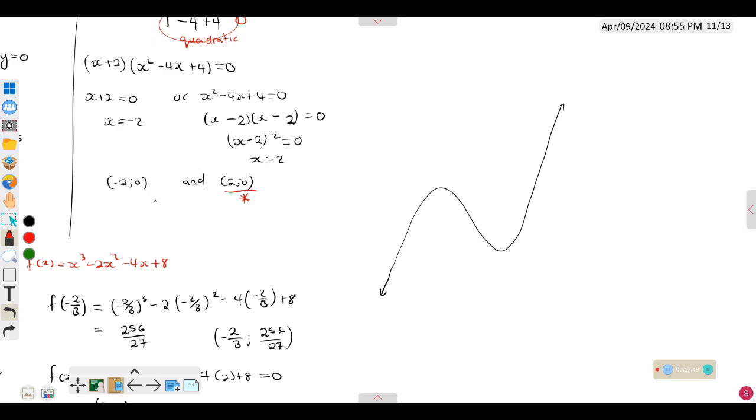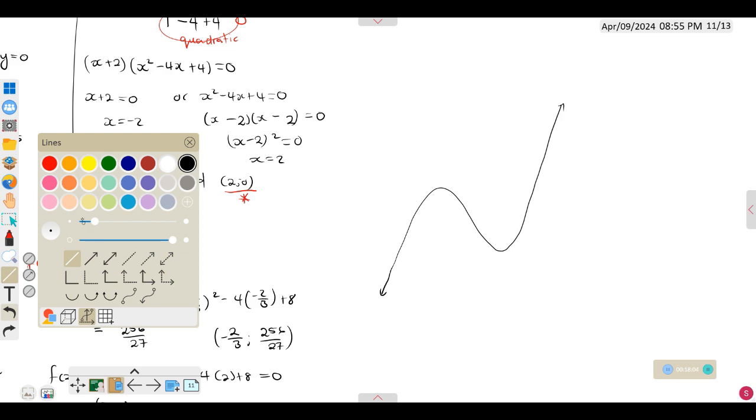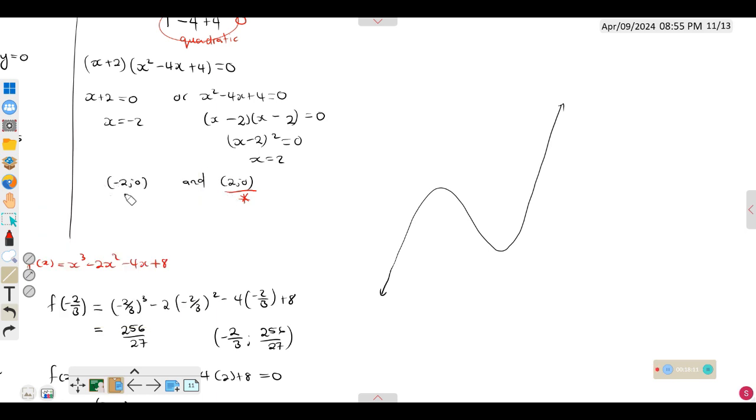Now think about it. There's only two ways in which we can draw our x-axis, because those are the most important ones first. We only have two x-intercepts, remember, one at positive 2, the other at negative 2. So if I draw it here and say those are my axes, this should then be negative 2 and that be positive 2.